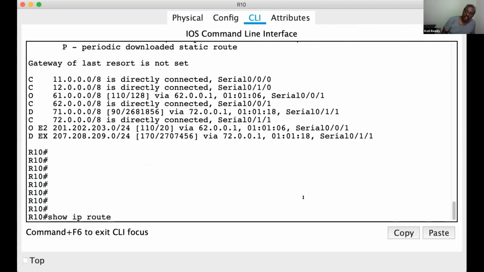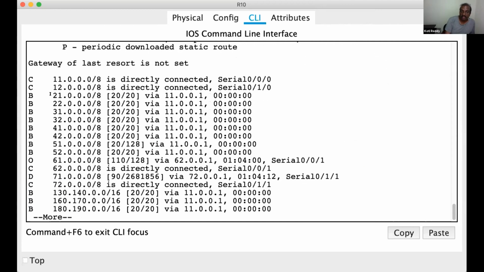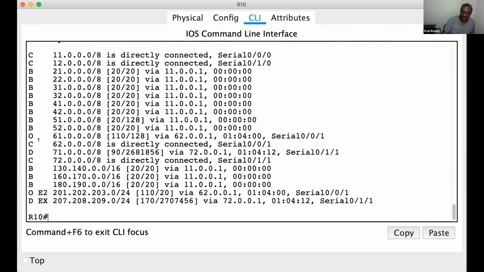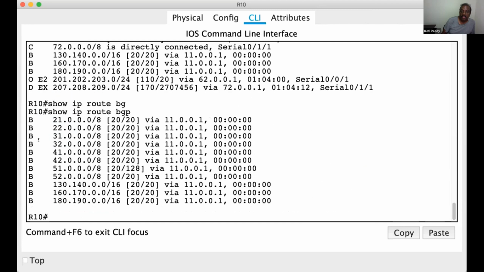There I give the command show IP route. When I press enter, I should see 20 series routes, as well as 30 series, 40, and almost 50 series routes. All these routes are listed as BGP routes. You understand, no? Fine.